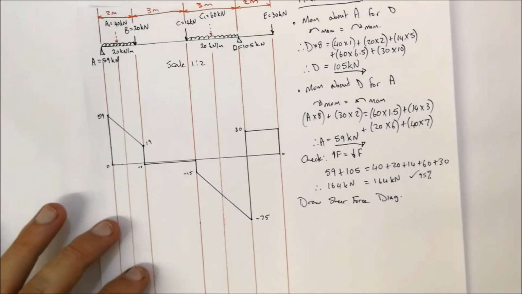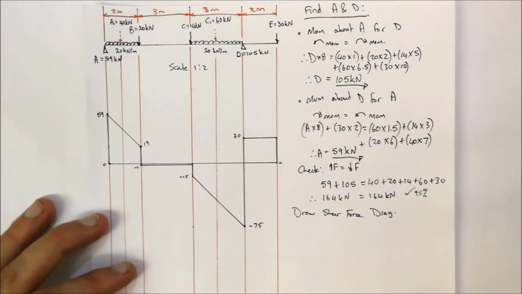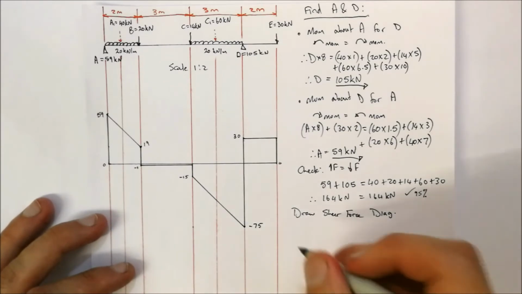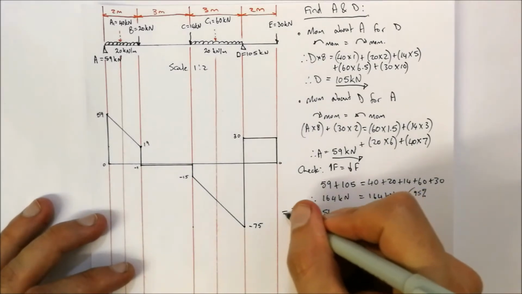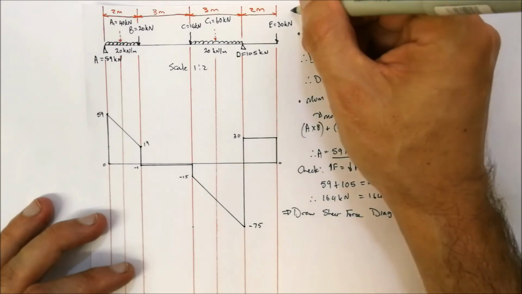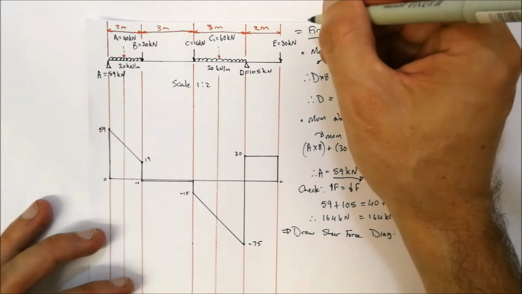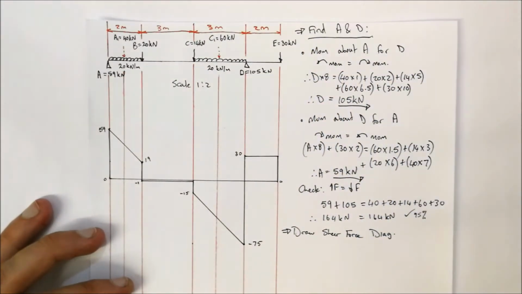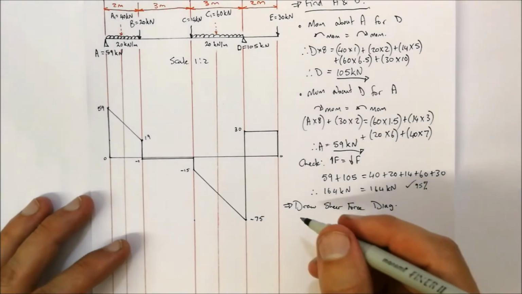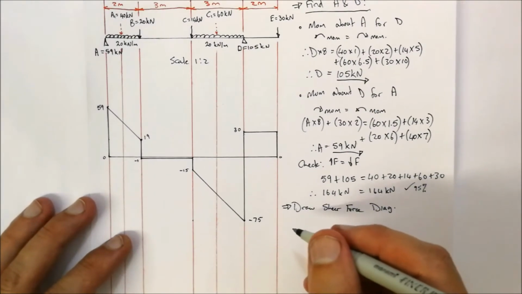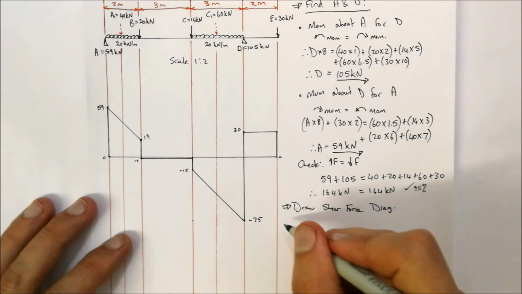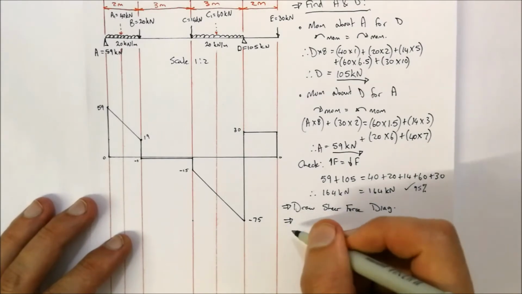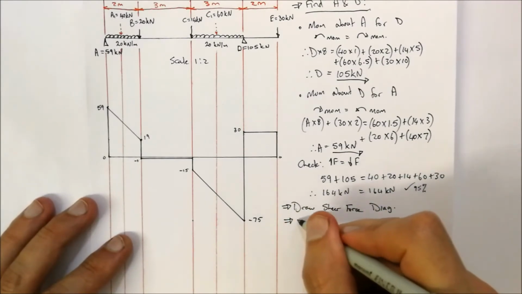The next thing we've got to look at is now to draw the bending moment diagram. I'm just highlighting over here what are the main points we've got to look at. So now the next thing we've got to do is draw the bending moment diagram.